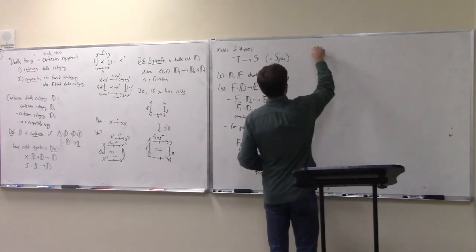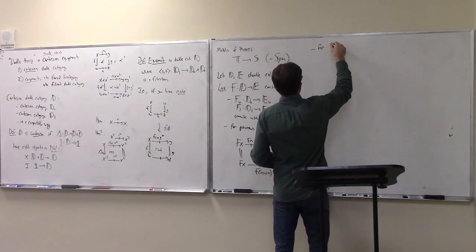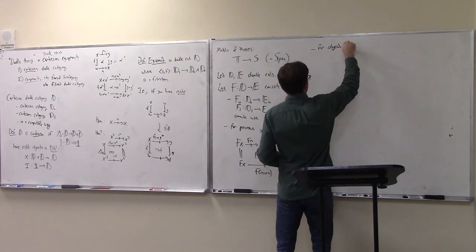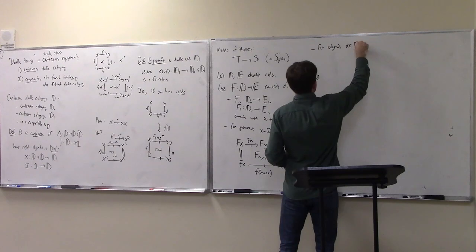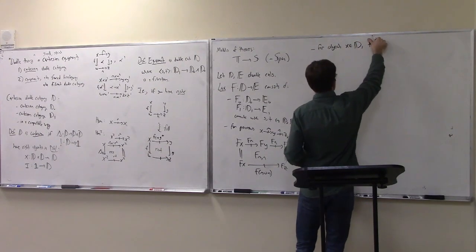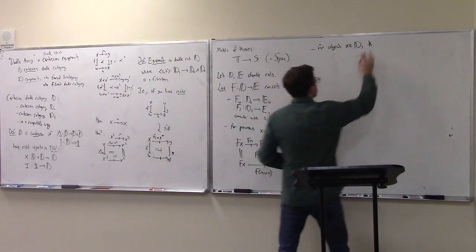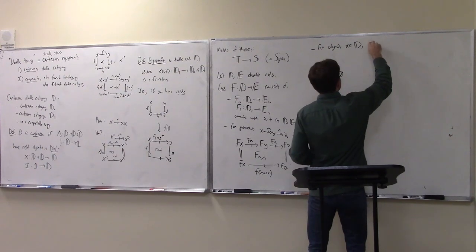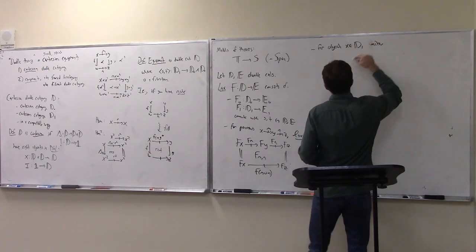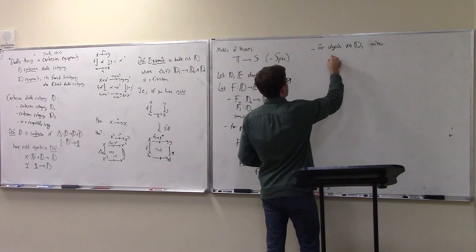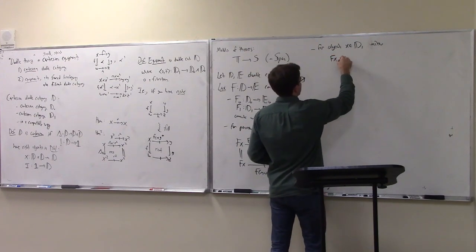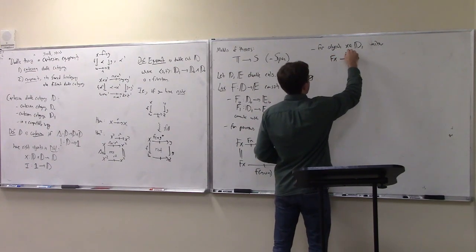And also for objects in D, there is a uniter which looks like this.